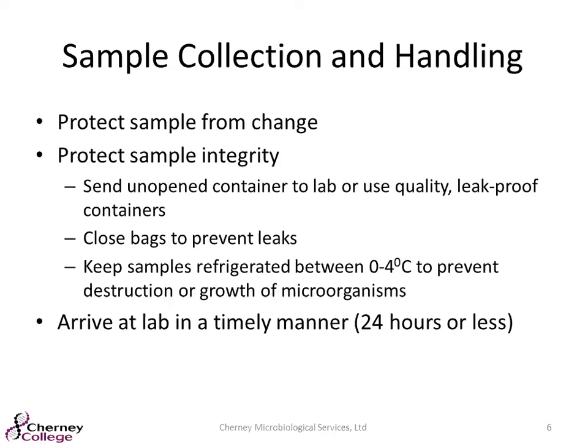And then make sure that you keep those refrigerated, because as we'll discuss further on, those bacteria are going to just start to replicate. So really make sure you keep those refrigerated.